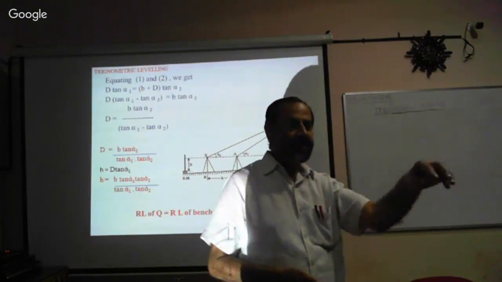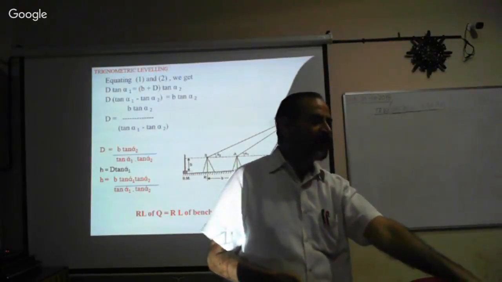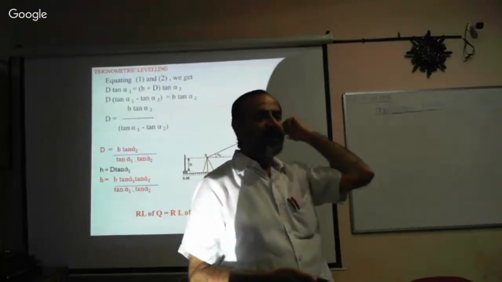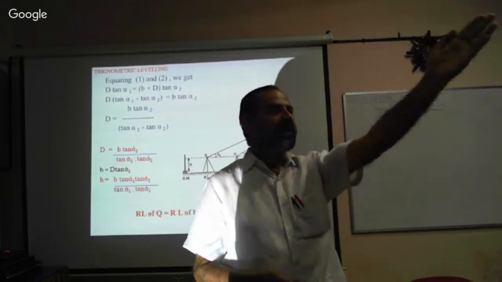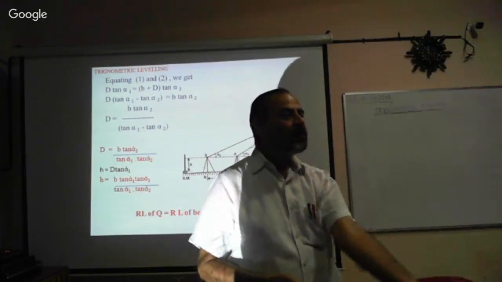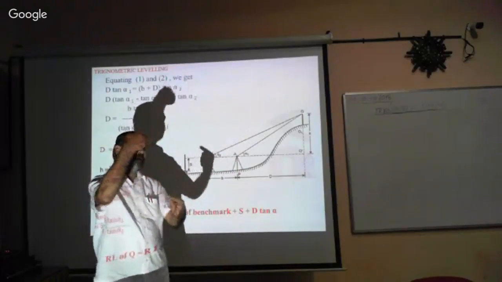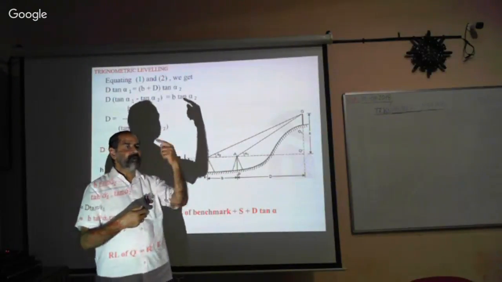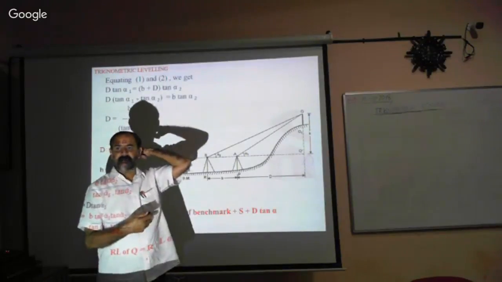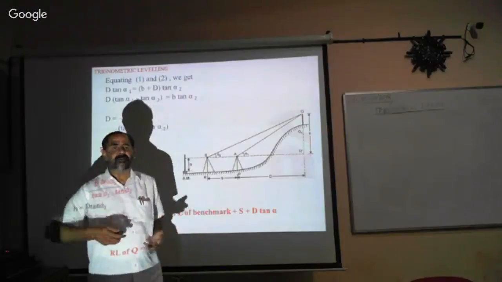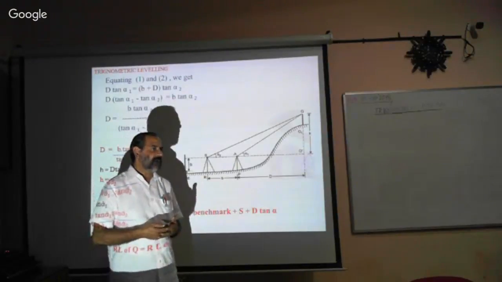Single plane method: install the instrument, perform all temporary adjustments, take a backsight on the benchmark and read the vertical angle. Then move the instrument by transiting the telescope. Locate the second point at a convenient distance, maybe 30 meters, 25 meters, according to convenience.